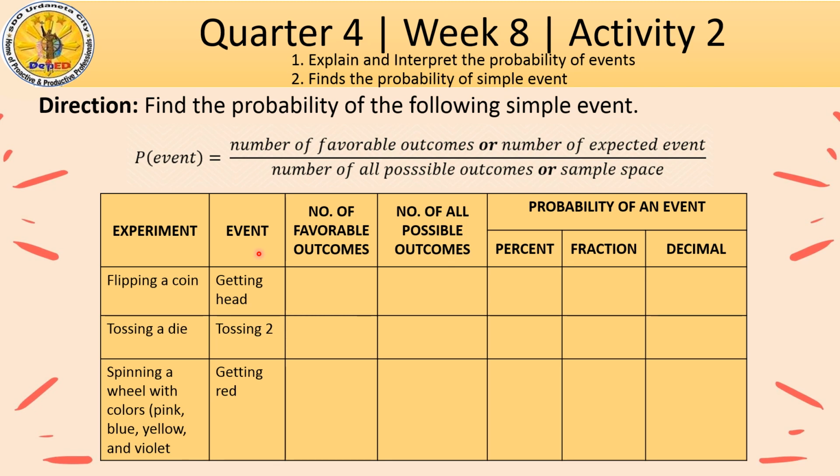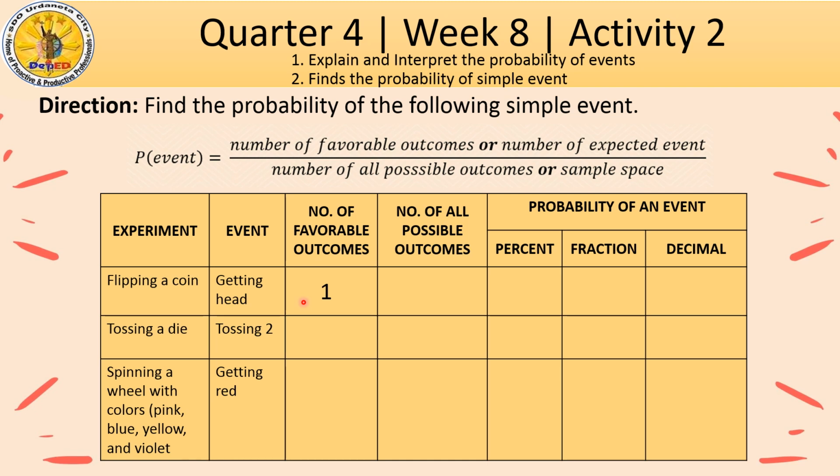Okay, there is only one head in a coin. So the number of favorable outcome is 1. Okay, so paano nakuha yung 1? Bilangin lang natin kung ilan ba ang head sa isang barya. Dahil isa lang ang head sa isang barya, ngayon ang sagot natin ay 1.